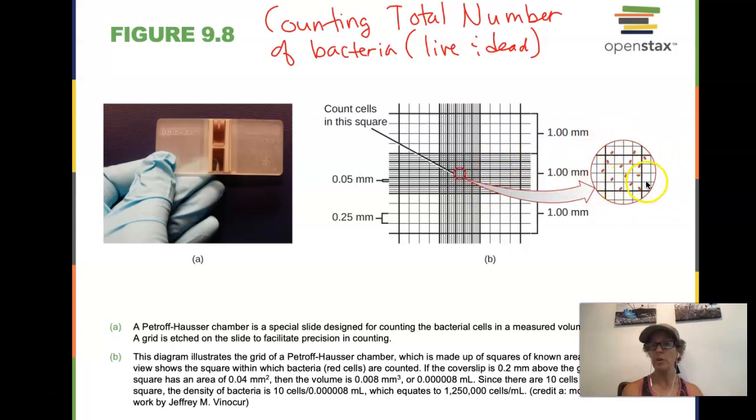You count the number of cells present, you know how big the grid is, and that tells you the volume. That does count both live and dead bacteria. So we could determine the total number of cells present. If we just needed that biomass, this would be an excellent way to just get how many cells are present. If we needed active metabolizing cells, this would not be a good way, because we would also be counting dead cells.